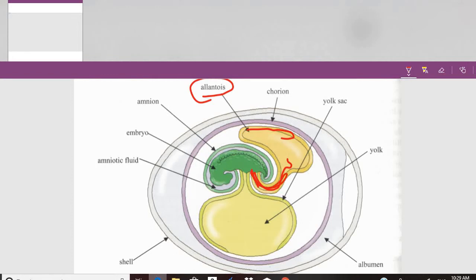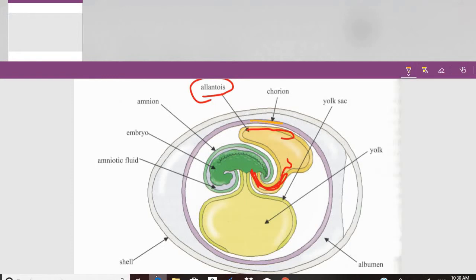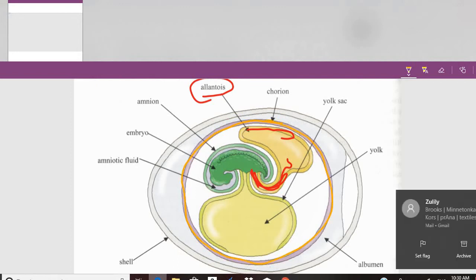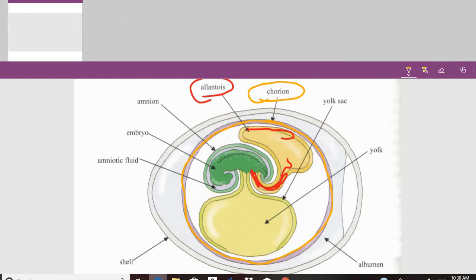So the embryo can get oxygen, and it can also excrete waste that goes through the blood vessels and then gets eliminated. And enclosing everything is this membrane here that is called the chorion. So the chorion and the allantois.